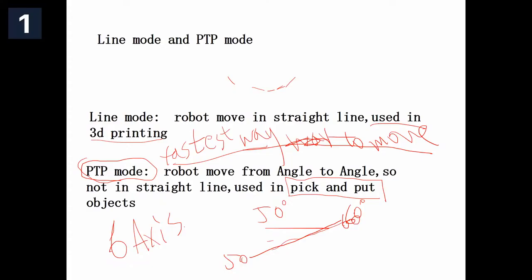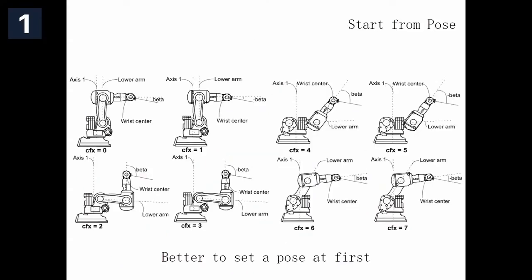Next, I will introduce the pose. The robot has 8 poses to achieve one point. In traditional robots, we have 8 poses to do the same thing.